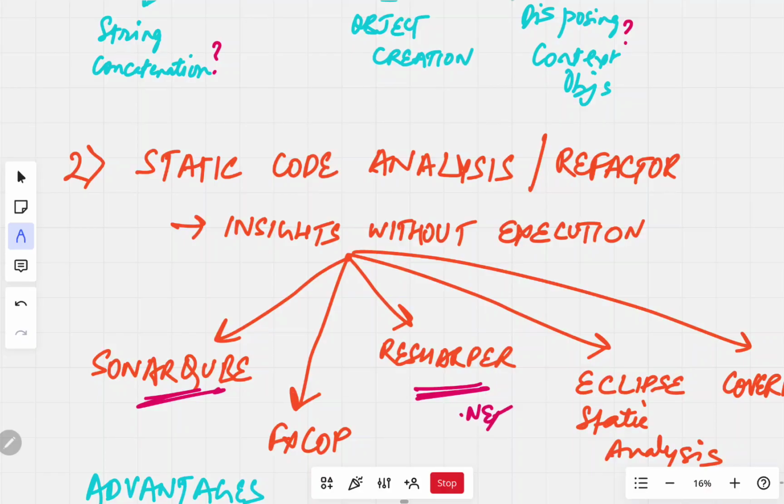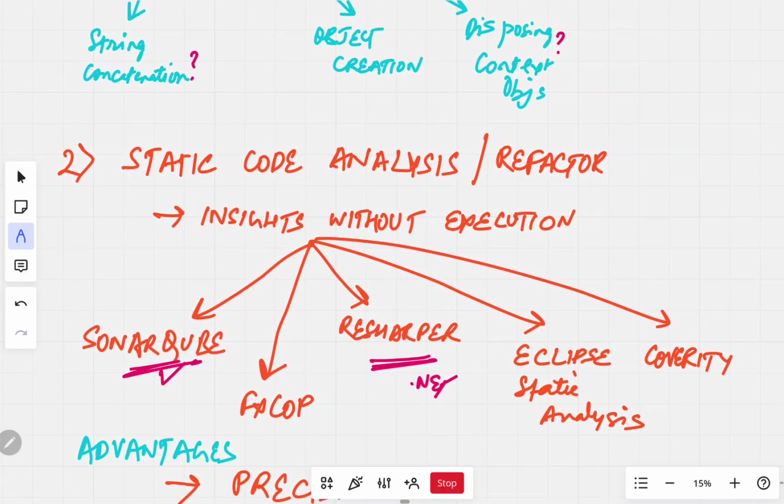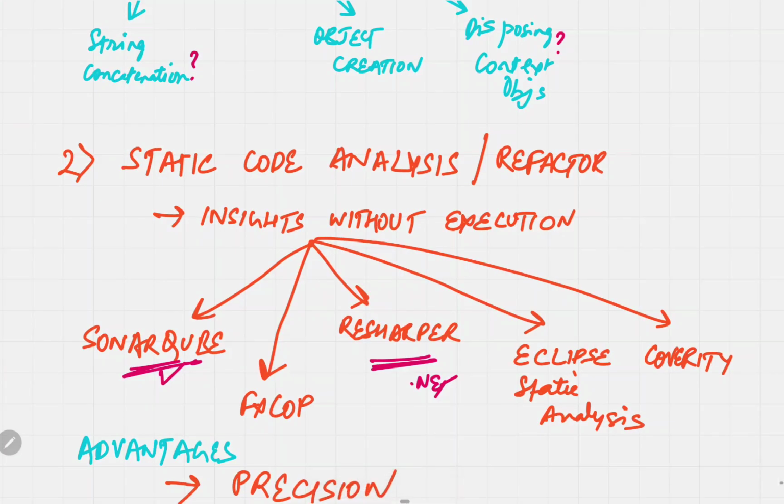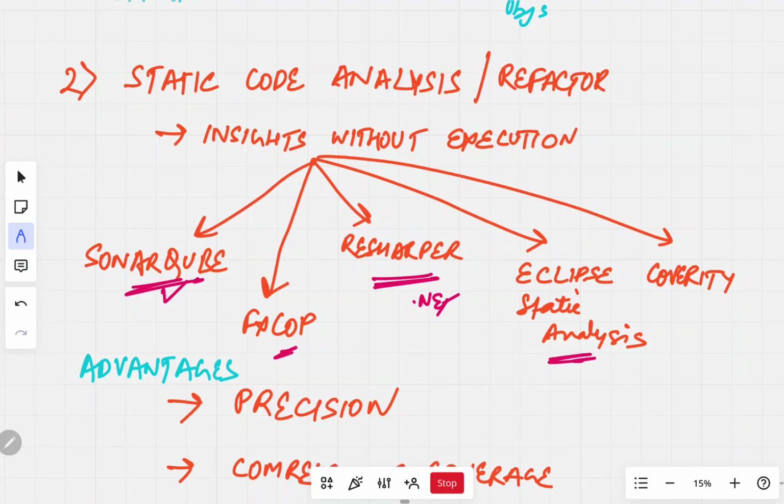SonarQube is for Java and .NET both. There are other tools as well. So what are the major advantages if we go with static code analysis? You can look at other tools from the Java world as well. This is a bit outdated, but fair enough.